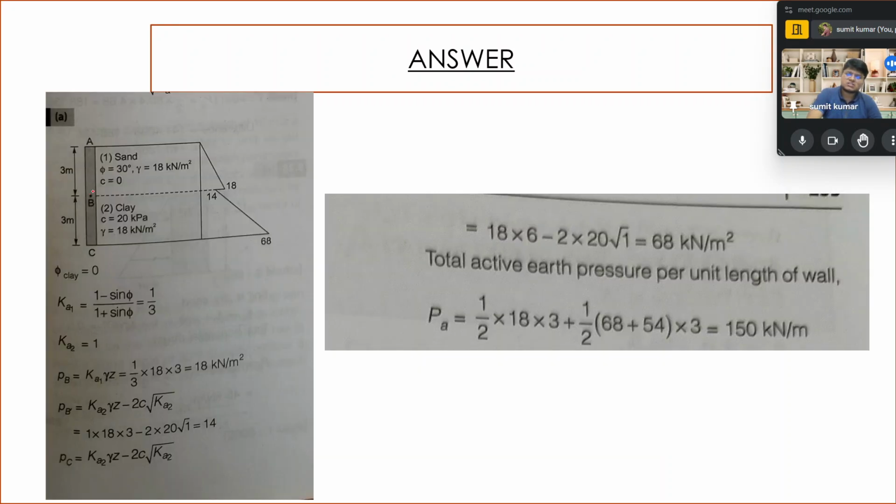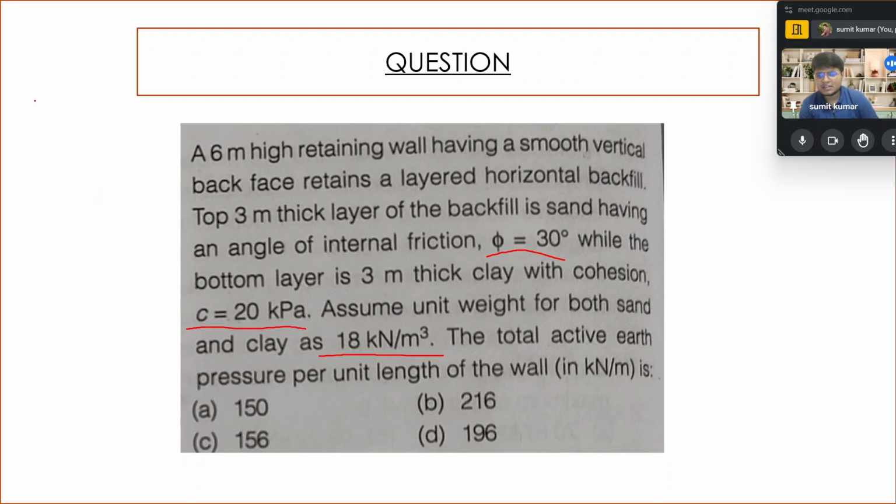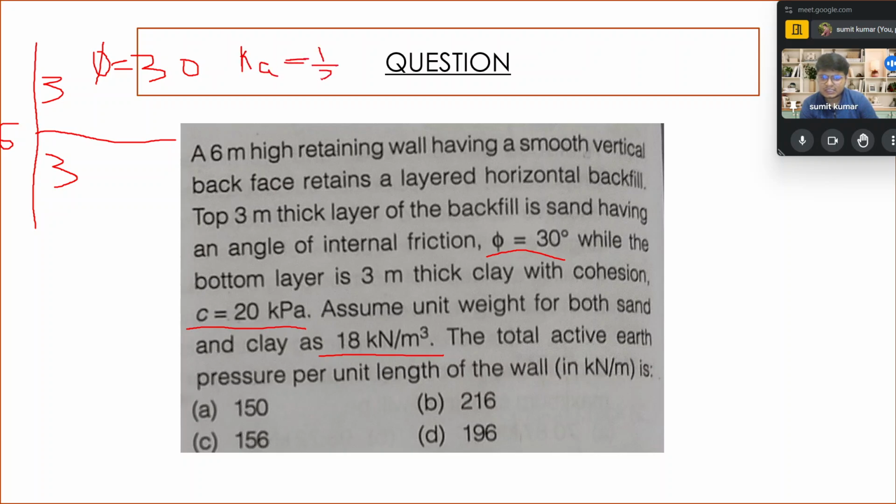Okay, this is going to be a most interesting problem. So I will first of all draw the problem for you. Over here is the 6-meter high retaining wall, this is 6, and a layered horizontal backfill. This is the top 3 meter, this is the bottom 3. The top 3-meter thick backfill is sand having phi equal to 30 degree, so Ka equal to 1 by 3.